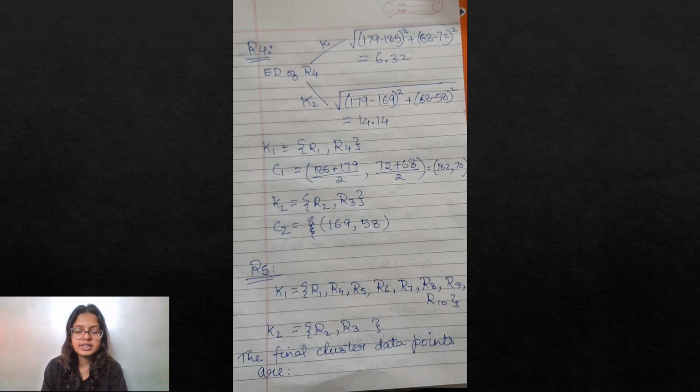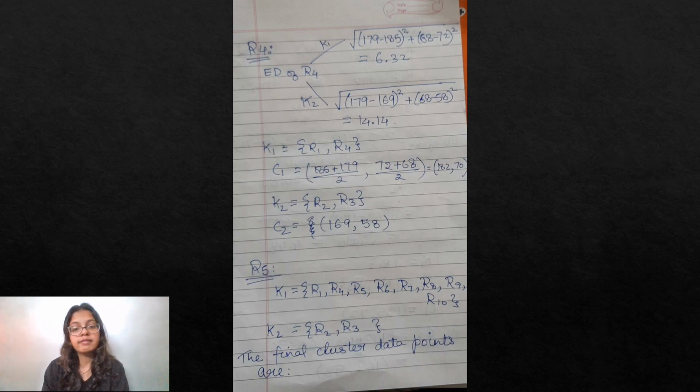Now we did the same again for R4. So we compare the value of R4 with R1. So the value is 6.32 and we did it with K2. So the value is now 14.14. So we'll take 6.32.